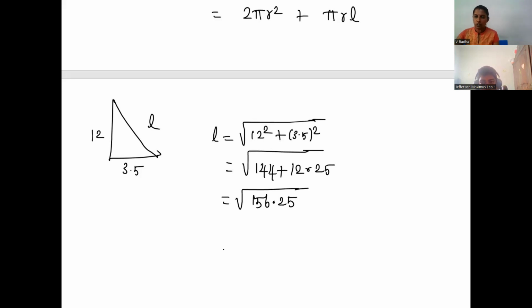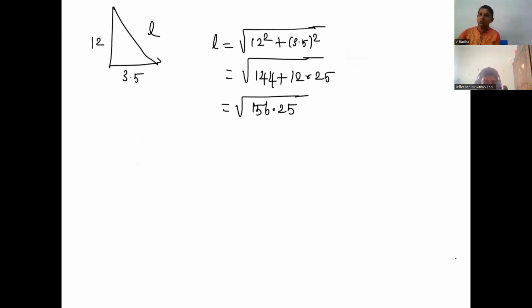Do you know the long division square root of 156.25? No, ma'am, I forgot, that is an 8th standard question. Will it be 12.5? I'm guessing. 12.5 is correct. The guess is correct, but do you know the correct calculation method? Since it ends with 5, and 144 is the nearby square, maybe 12.5. But do you know how to take the square root of a decimal number by long division?